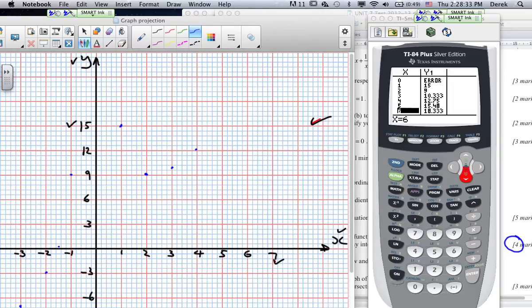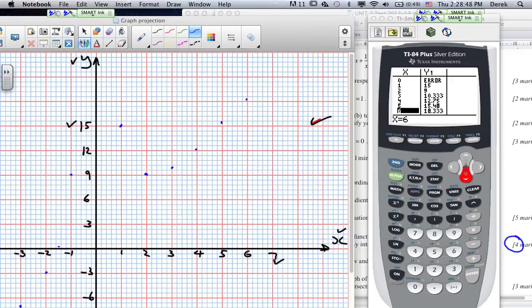And then 5 is 15.48. 6 is 18.3, so we're around over there.